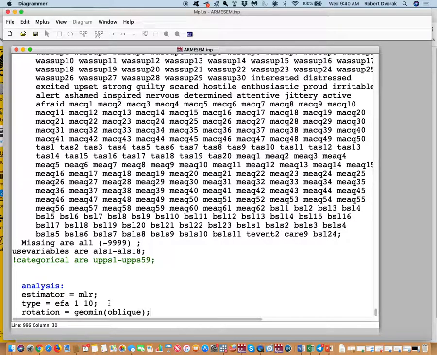But if we're talking about 10 factors, we're going to have, let's just say our 18 items here, whatever they are, and then 10 factors, 1, 2, 3, 4, 5, 6, 7, 8, 9, 10.